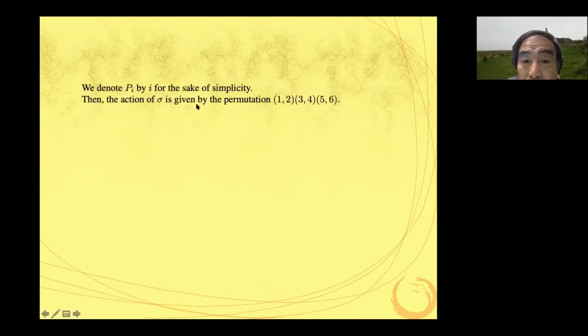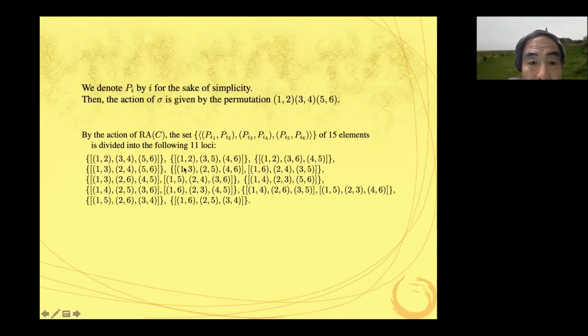Then the action of sigma is given by the permutation like this. And so the reduced action of the reduced automorphism group is given like this. So calculating the orbits of this, then we have 11 loci.